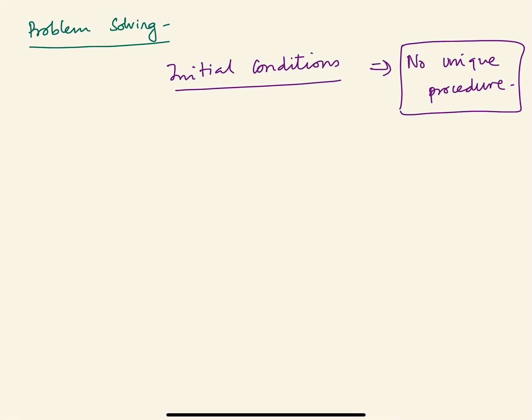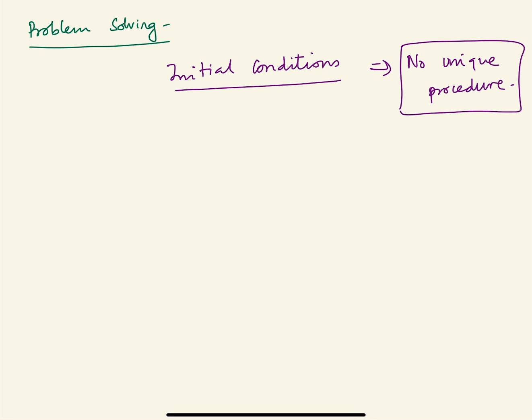Okay, so it's just like a game of chess, you know. The way you start your first move, that's going to determine how you will choose your strategy and all.